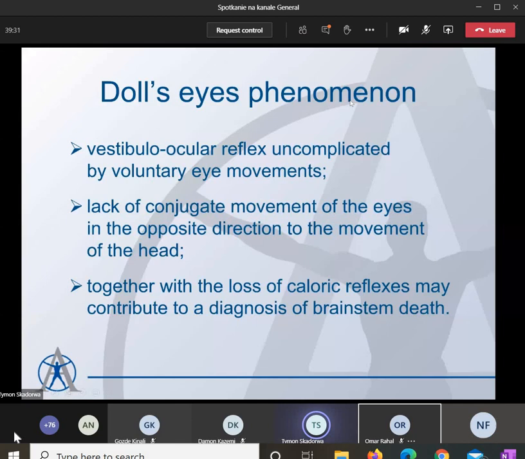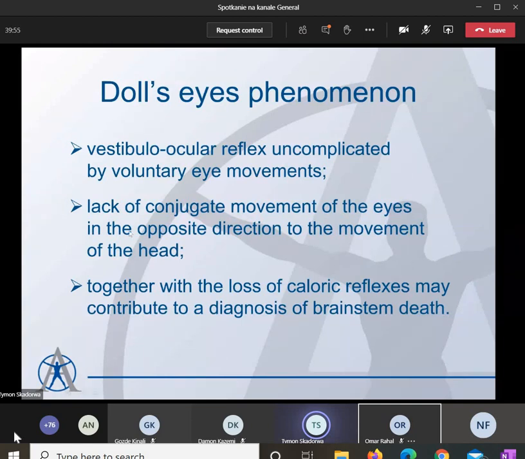And this is something very important to remember, because together with the loss of caloric reflexes, this may contribute to a diagnosis of brainstem death. So the doll's eyes phenomenon is one of the examinations which are performed in order to confirm the death of the brainstem, right?